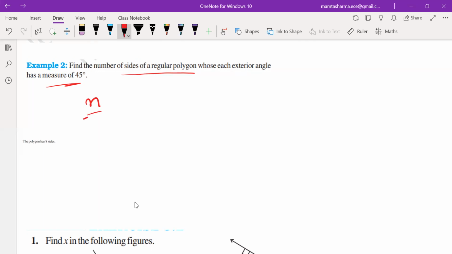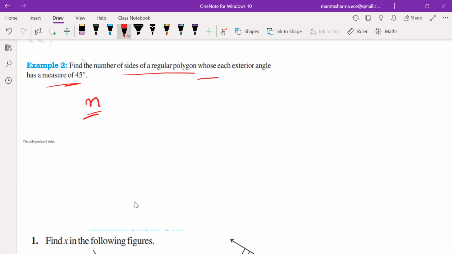How will you solve it? Any idea? Anybody want to give any idea about this? Sides of a regular polygon.